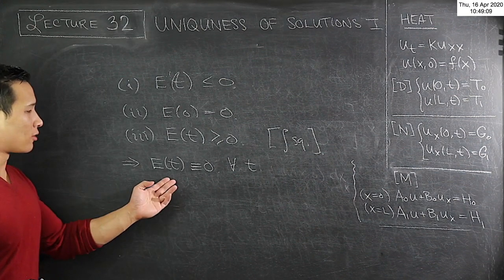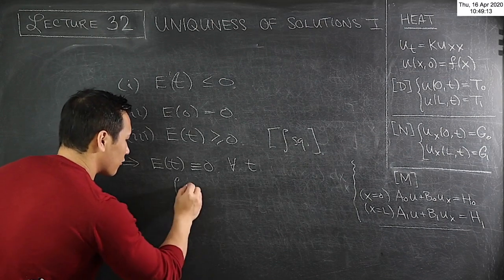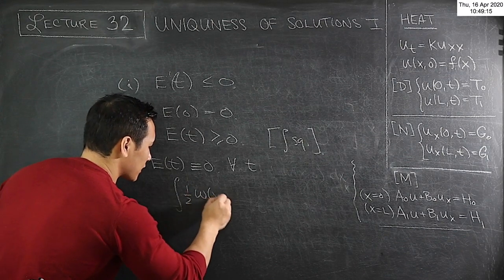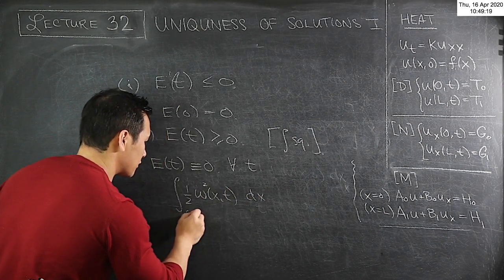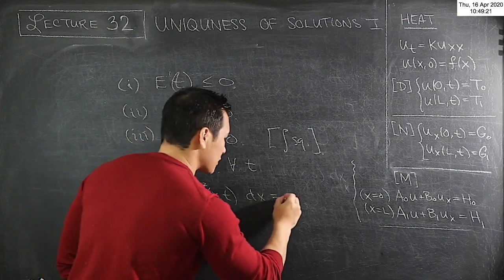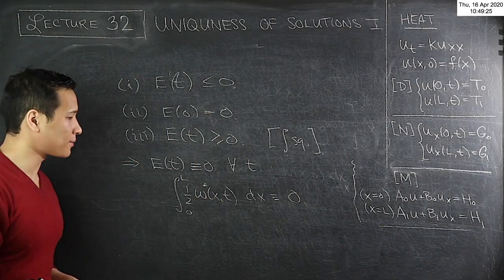Okay, so if E of t is identically 0, then the integral of 1/2 times w of x and t squared dx from 0 to L has to be equal to 0, because this is what E of t is.